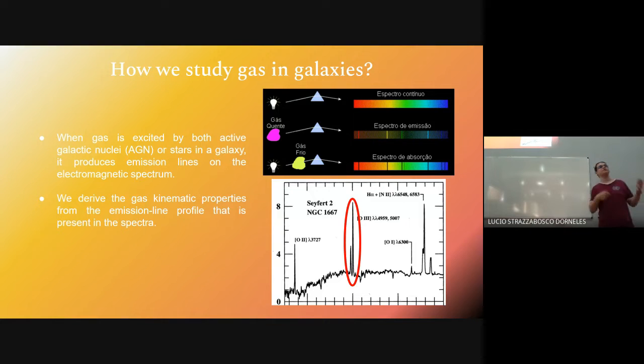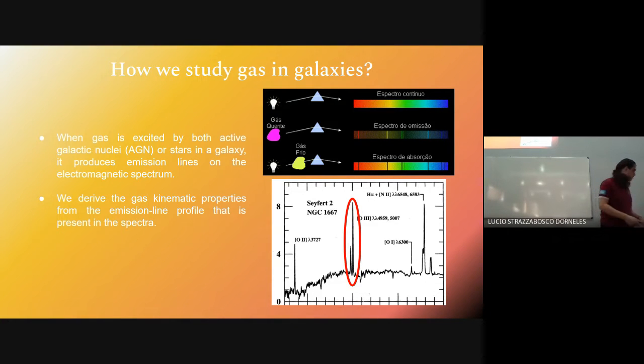So if the emission line is broad, if it is narrow, if it is different from a Gaussian shape, we can derive different kinematic properties for this specific gas that is emitting this line emission.